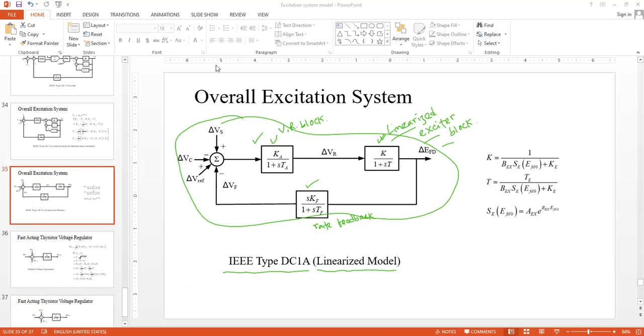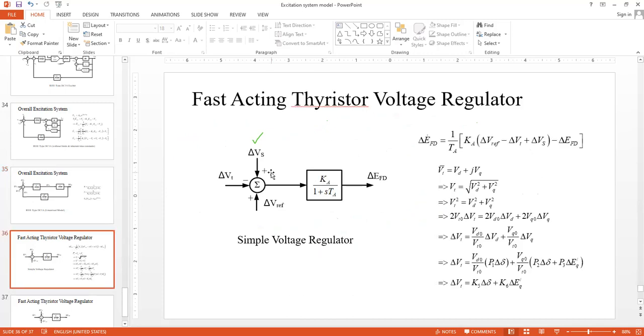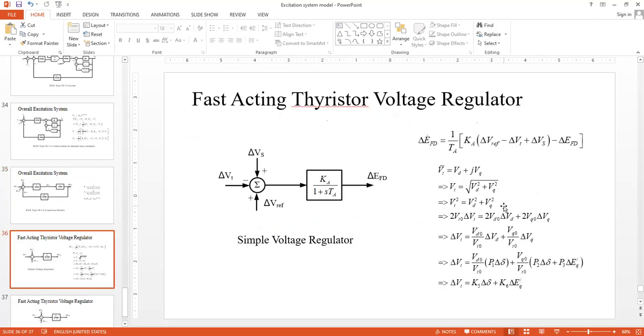Okay. So next we will move away from this DC1A exciter, and in our next part of the course, we will be focusing on a further simplified model, how it can be simplified or how it is actually simplified. So what we are assuming here, we are not using the DC type exciter anymore. Remember, there were 3 types of excitation system discussed earlier. One was DC type, one was AC type, another one was static type.